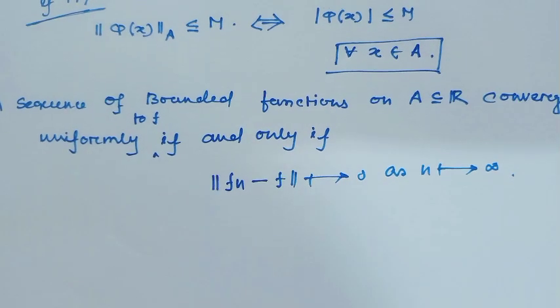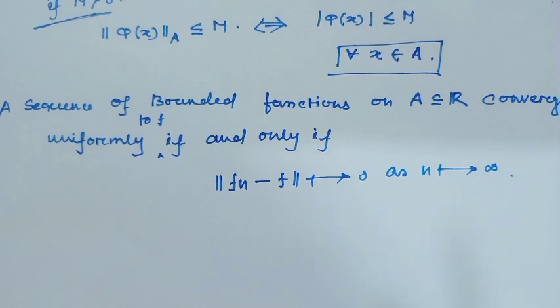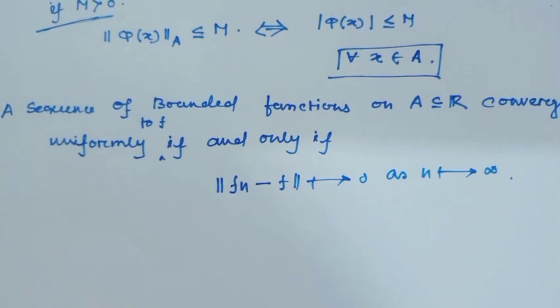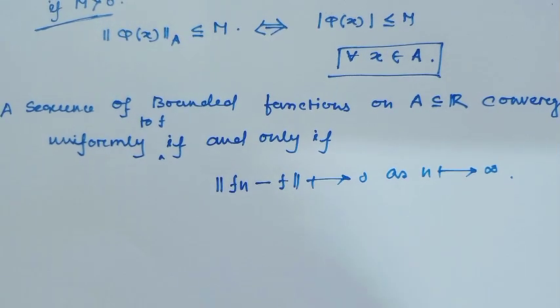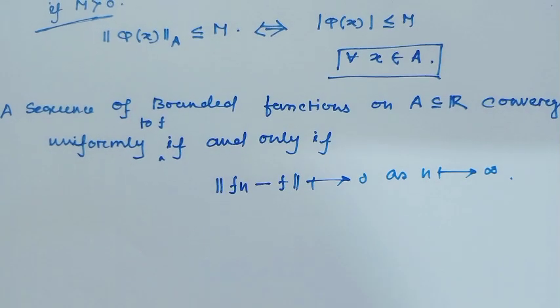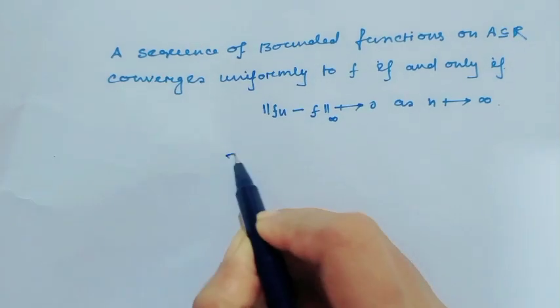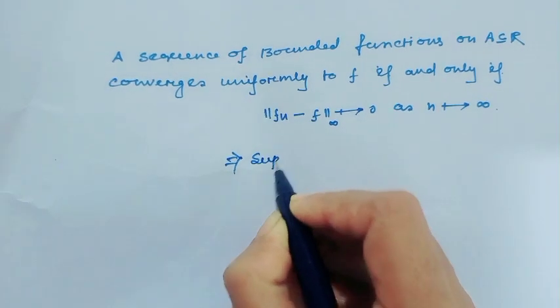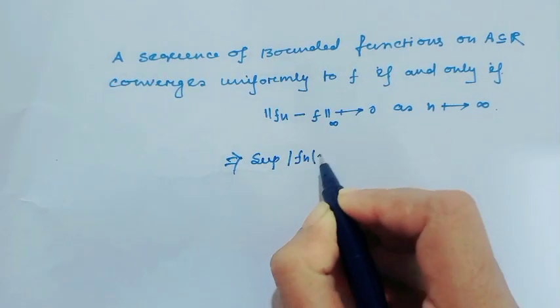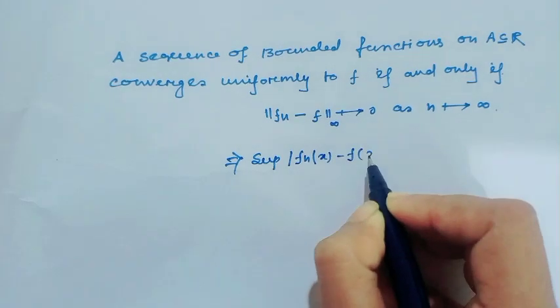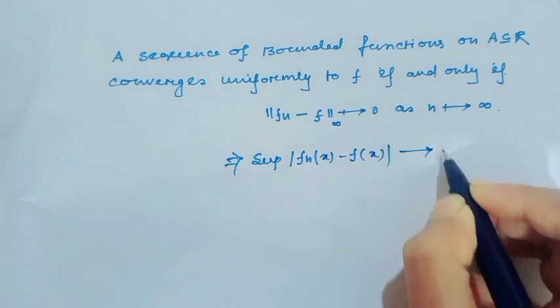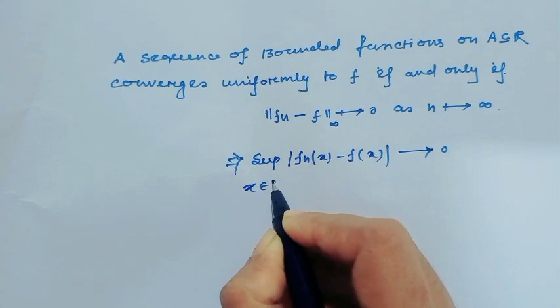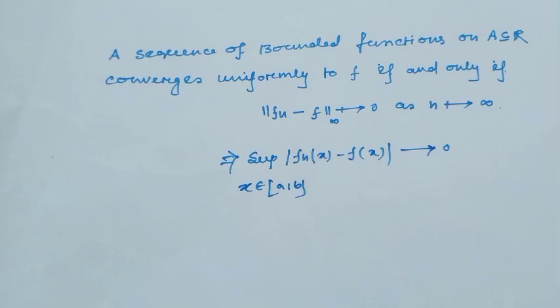This is the definition of uniform convergence in normed space. That means the supremum of the absolute value of fn of x minus f of x tends to 0, where x belongs to the closed interval [a, b].